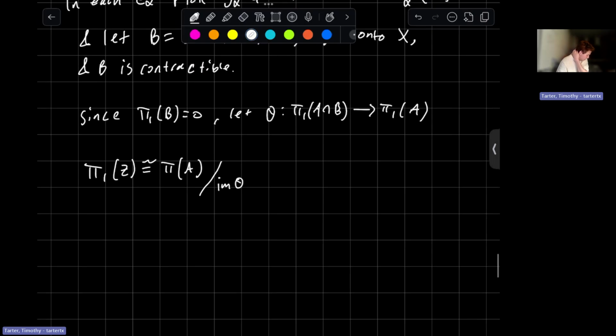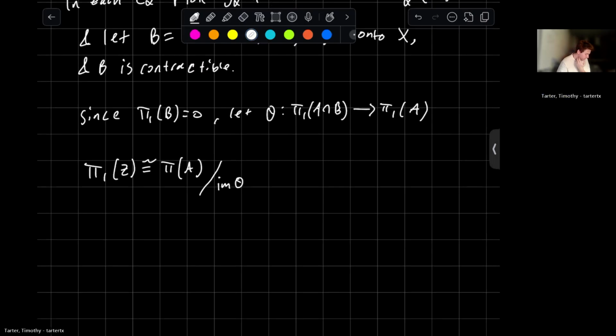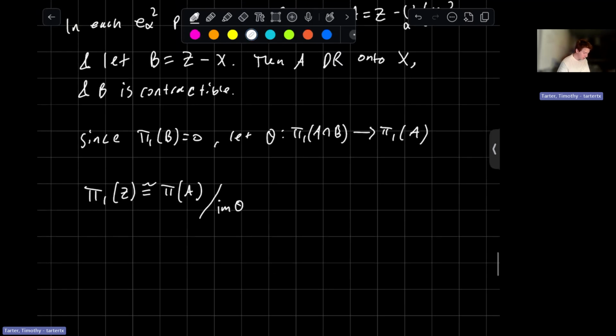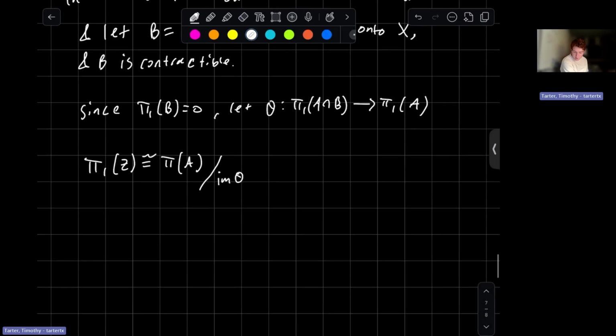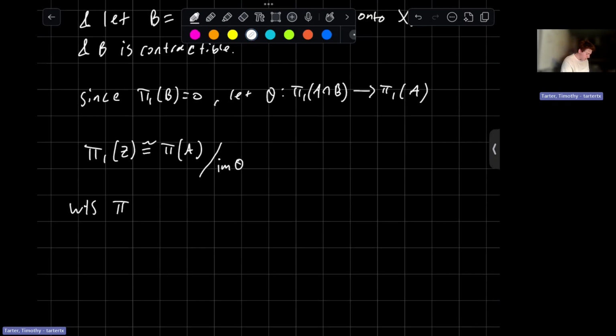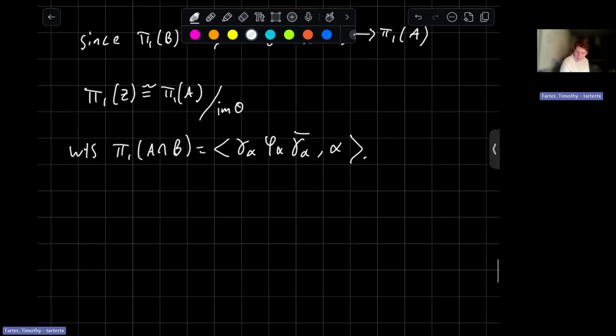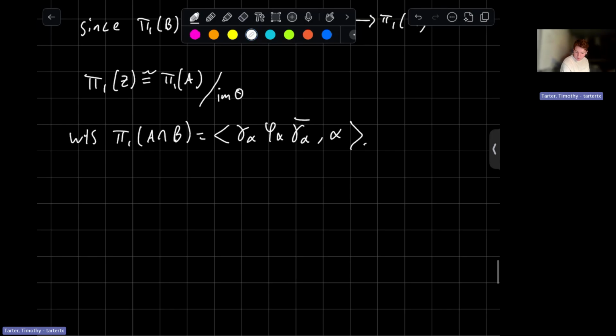So then pi 1 of A mod the image of the intersection is isomorphic to pi 1 of Z. So it only remains to see that pi 1 of A intersect B is equal to the normal subgroup generated by the loops gamma alpha, phi alpha, gamma alpha closure, or rather, by loops in the intersection of A and B homotopic to these loops.